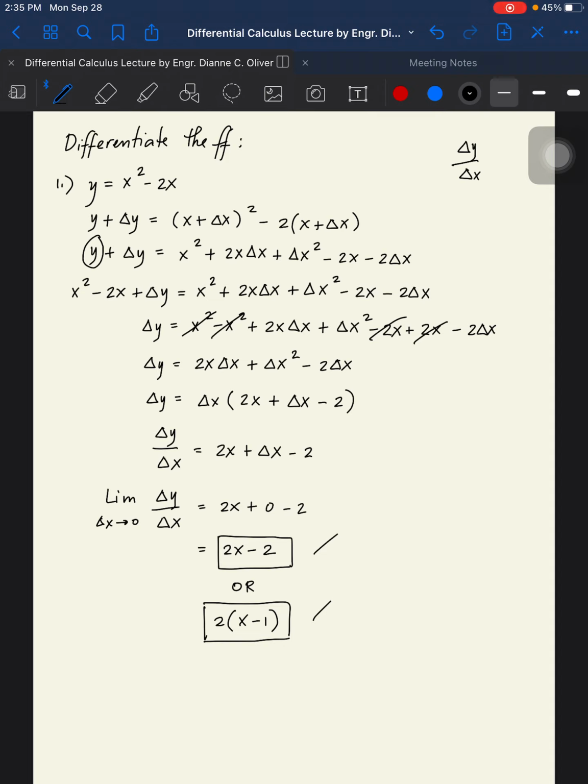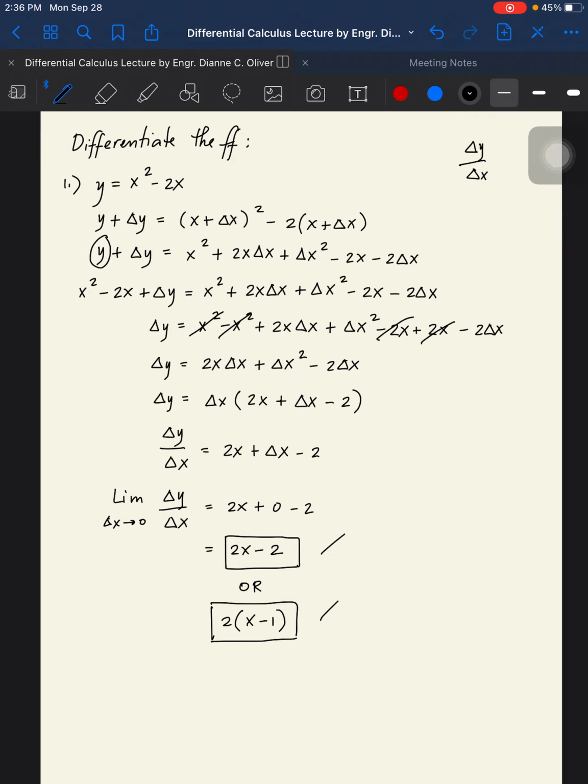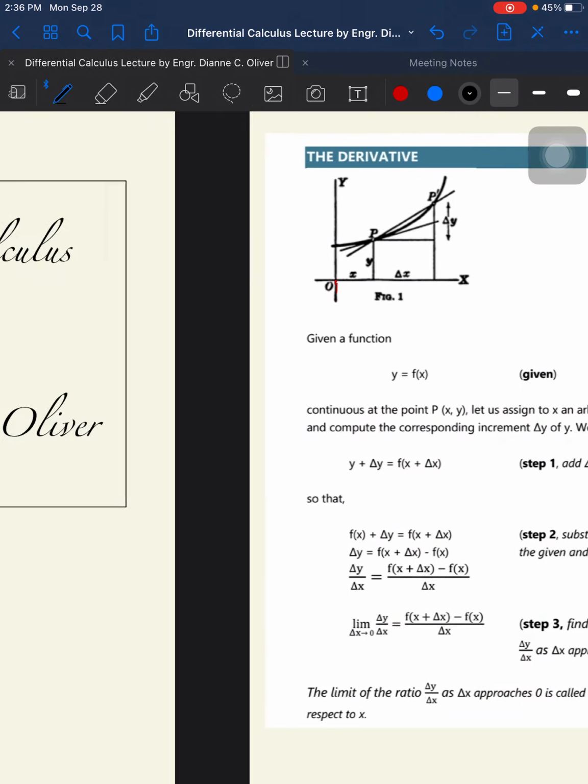For some of you who already know the faster way, the shortcut, the power rule, I advise that you please answer in this three-step rule and use the faster method to check whether your answer is correct. Let's make the flow of our lesson smooth and not jump to the next topic.